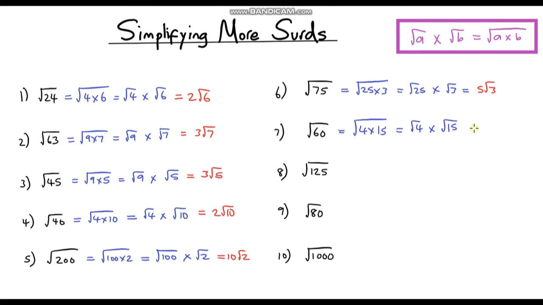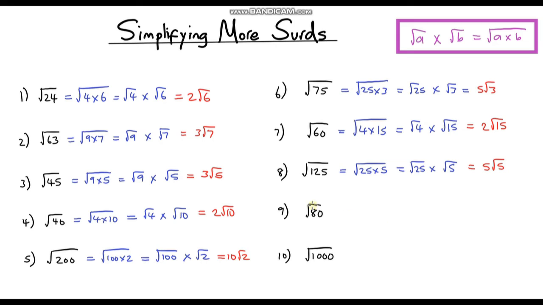And the square root of 4 is 2. So this is 2 root 15. Okay, question 8, we've got 125. Now I can see that this is divisible by 25, so this is going to be 25 times 5. So it's the square root of 25 times the square root of 5. And the square root of 25 is 5, so this becomes 5 root 5.